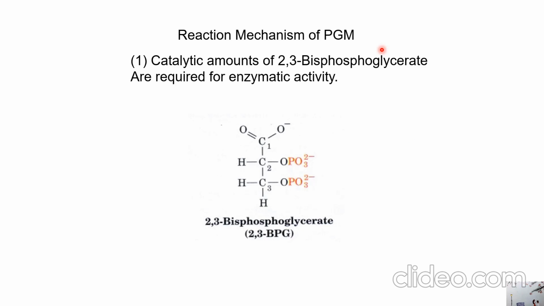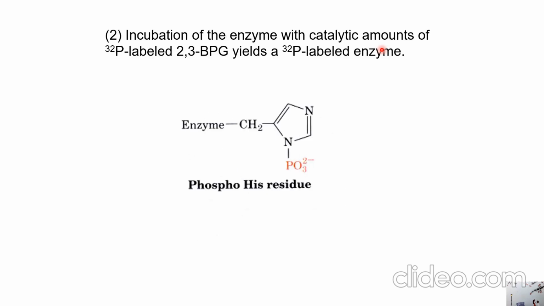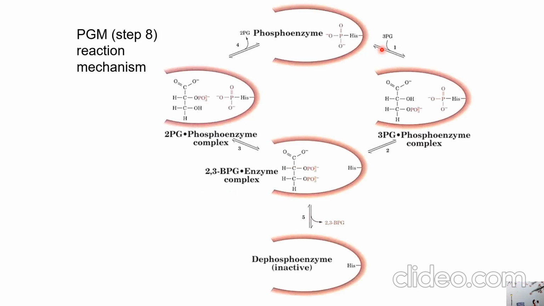Catalytic amounts of 2,3-bisphosphoglycerate are required for the enzymatic activity. Incubation of the enzyme with catalytic amounts of labeled 2,3-BPG gives a 32P-phosphate labeled enzyme.